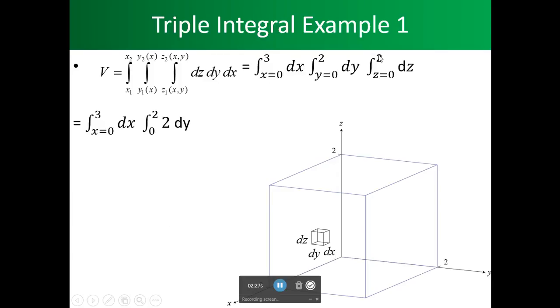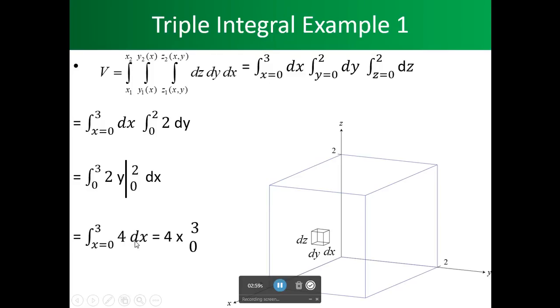The first limit is 2 and the second limit is 0, so all we have is 2. Then we have 2 dy, and the integral of 2 dy is 2y, from 0 to 2. Plug in 2 for y, plug in 0, that goes out, and that gives us 4.